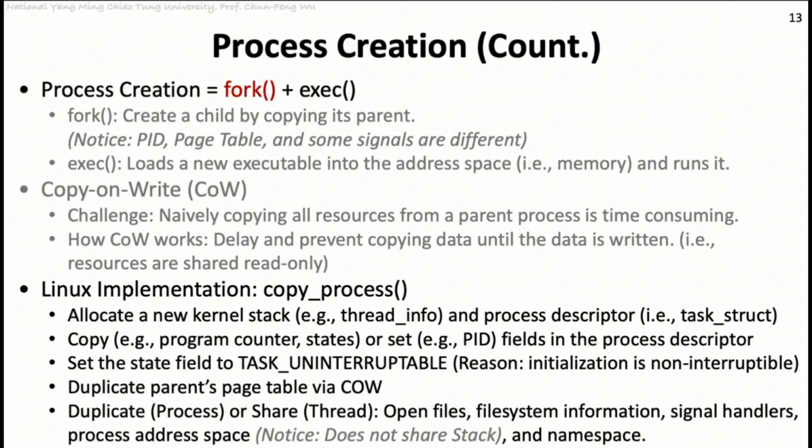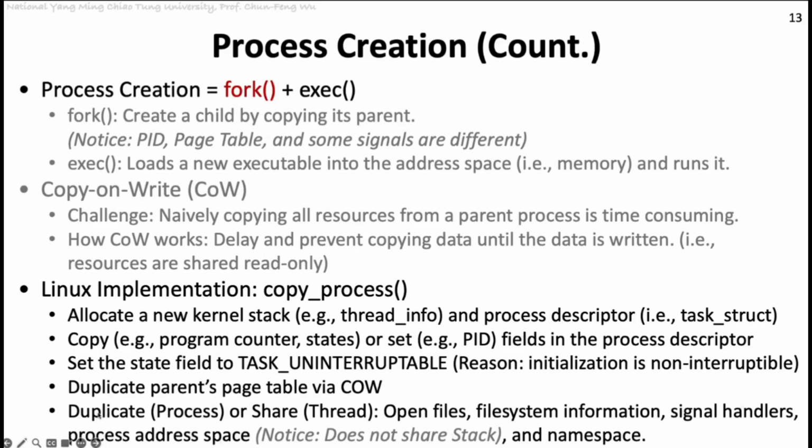There is one very interesting thing. I think you guys know there are processes and threads, right? The difference between process and thread in Linux is about how many resources they share. For a process, most of the resources, like file information, signal handlers, and address space, will finally be duplicated.